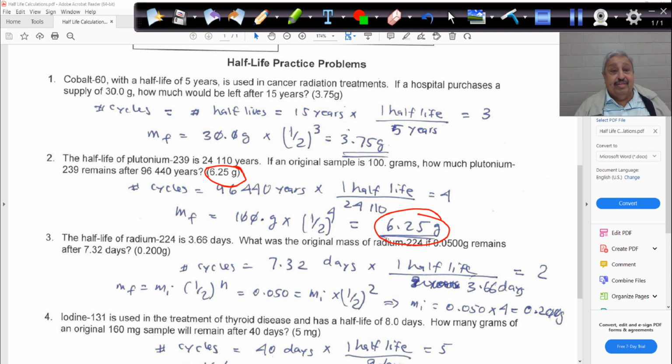Are you following me here? How many significant figures do we have in 24,110? Come on. Today is not Monday, correct? Today is Wednesday. How many? 4. Correct. That's evidence today is not Monday.